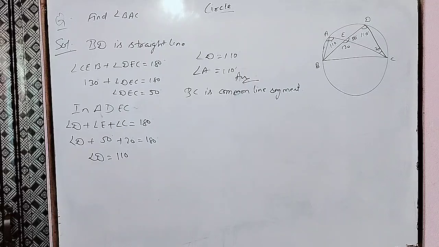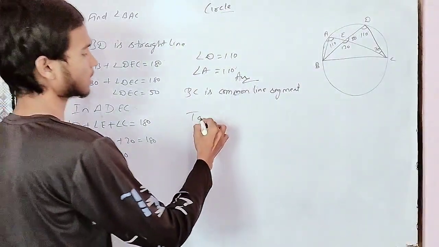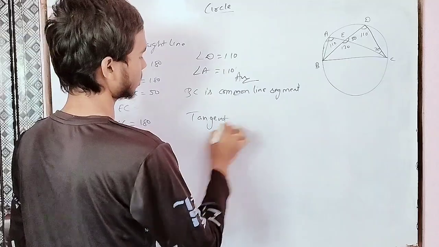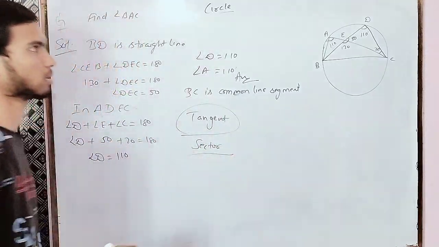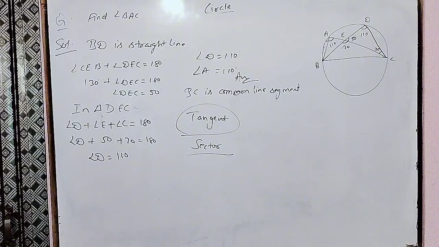Now we have some questions based on 10th standard. Do you know the meaning of a tangent, a secant line in the context of a circle? This is what we are going to explore.